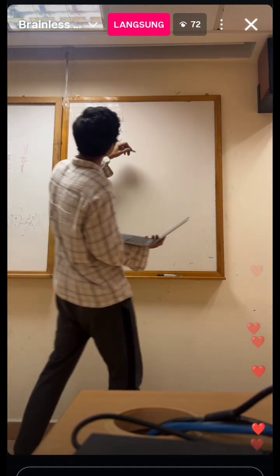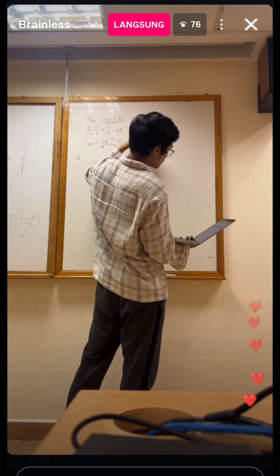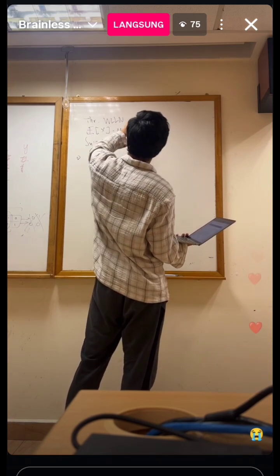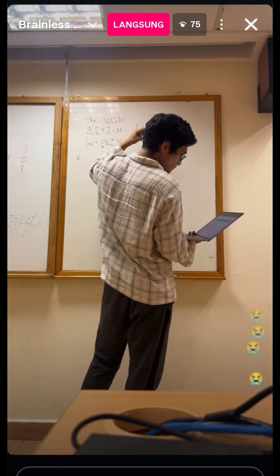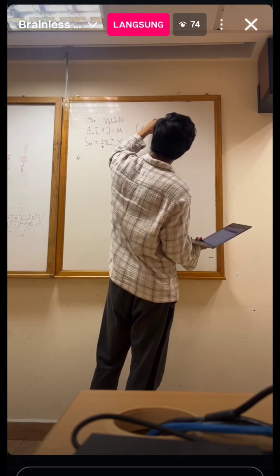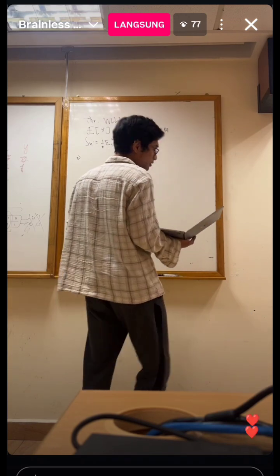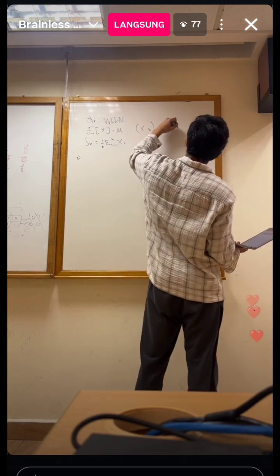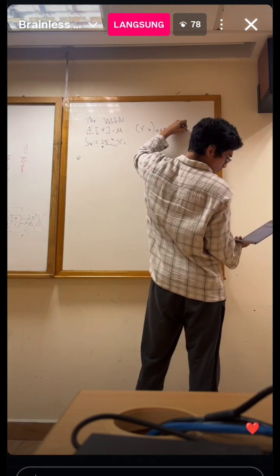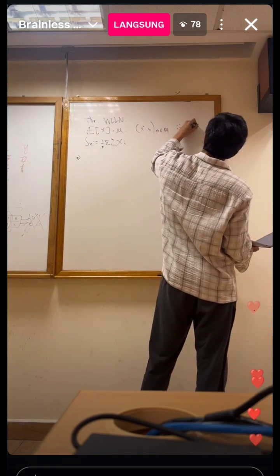I should mention that X1 until Xn are IID random variables.